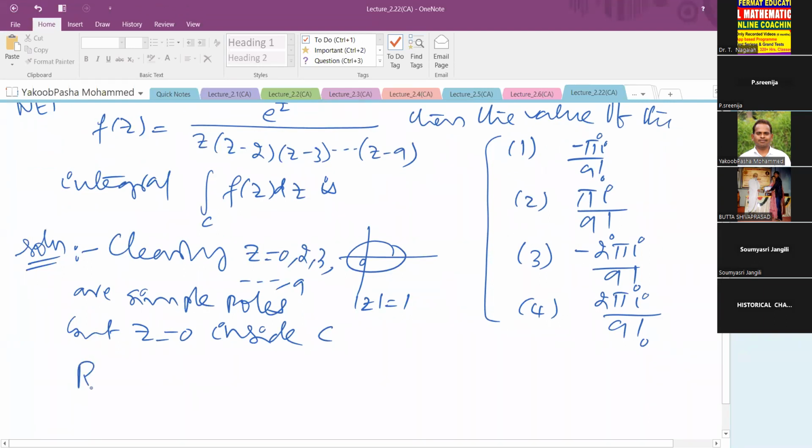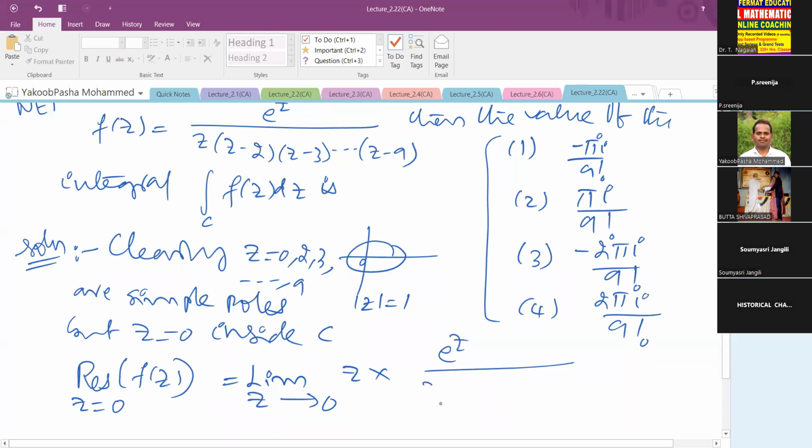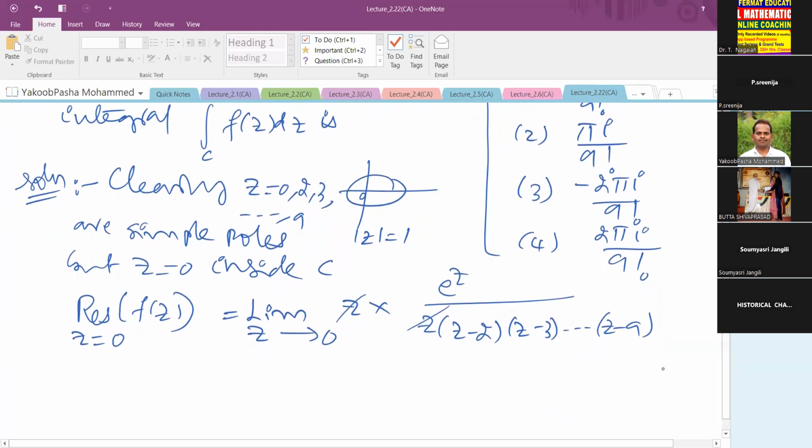So the residue of the function f(z) at z = 0 is equal to the limit as z tends to 0 of z times f(z), that is e^z divided by z(z-2)(z-3) and so on up to (z-9). Okay. Here z will be cancelled. Apply z = 0 here.